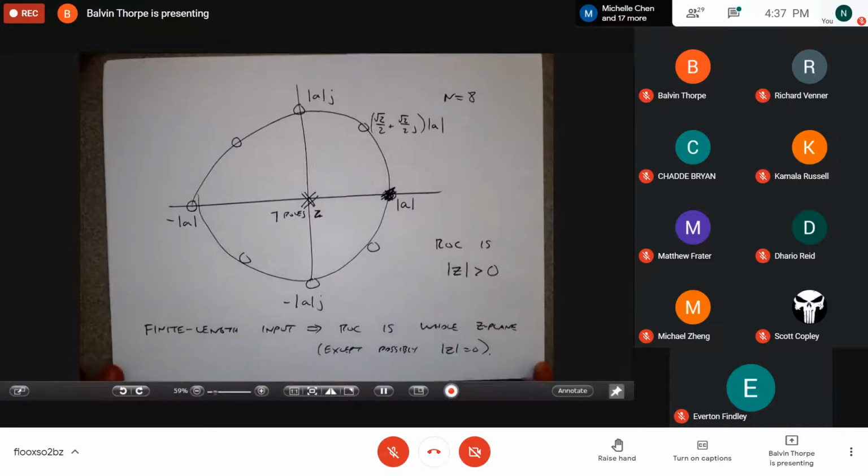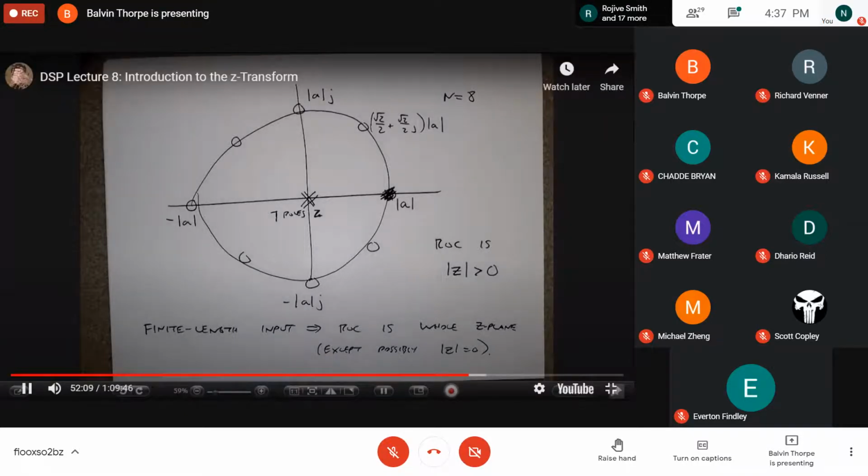So, in some sense, when I have a finite length input or a finite length impulse response, life is always pretty good, right? There's no need to worry about poles because all the poles are clustered together. Okay, so we're going to talk more about pole zero patterns in later lectures. Okay, so comments or questions about this example?